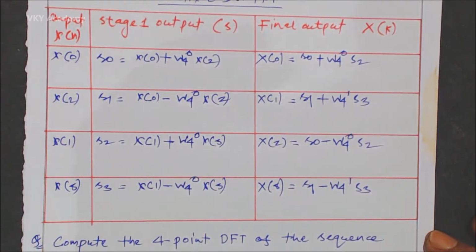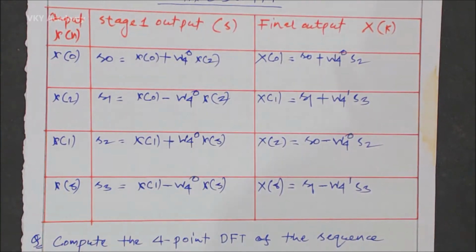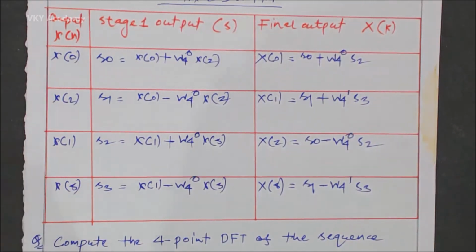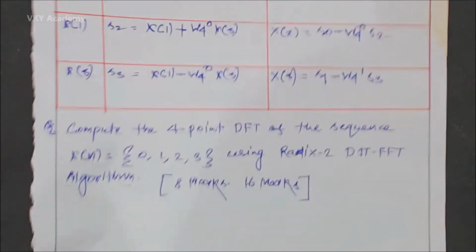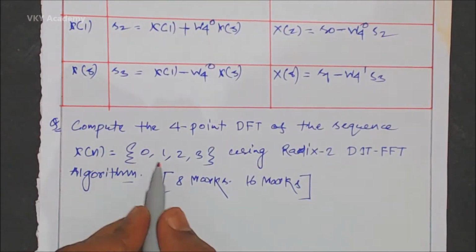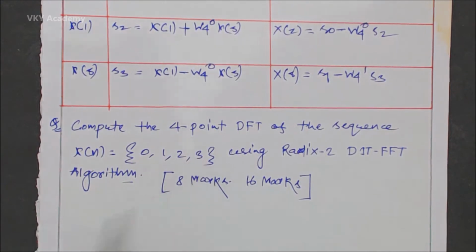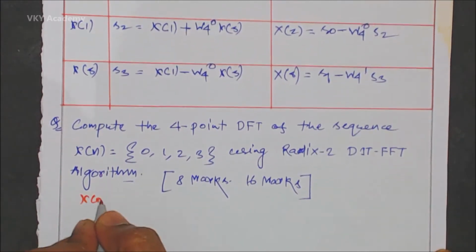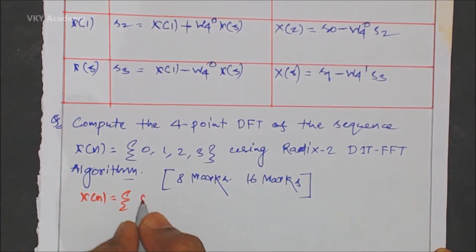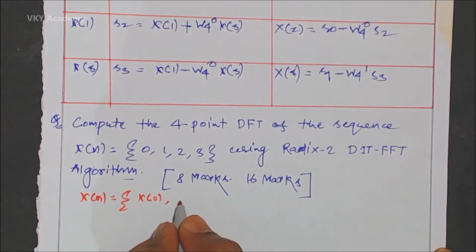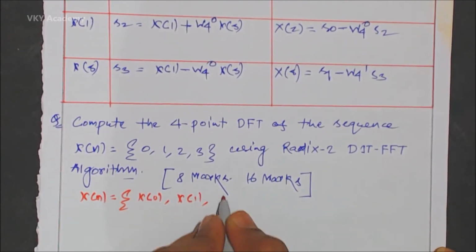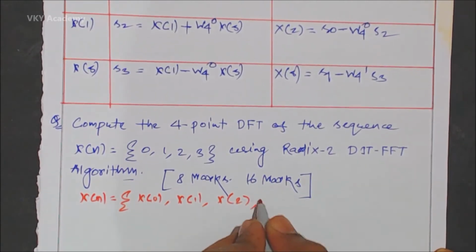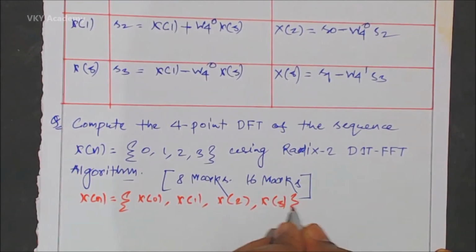Now let us simply put the values of input and start calculating the output. In the question it is given that x of n is equal to 0, 1, 2, 3. That means x of n is given as small x of 0, small x of 1, small x of 2, and small x of 3.